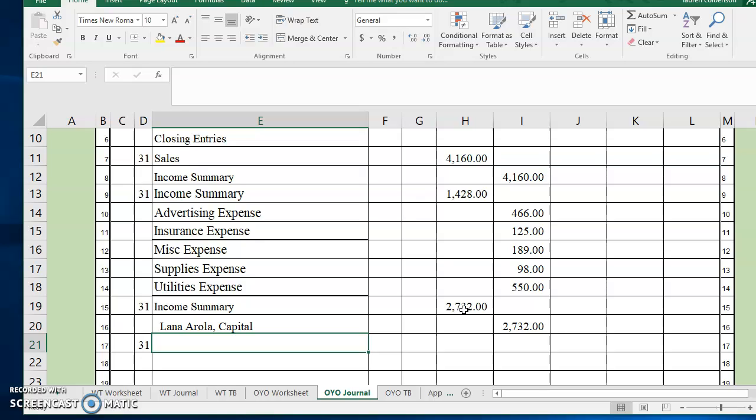And the last account I am going to close out is the drawing account. Now the drawing account has a normal debit balance. So to close that out, I have to credit it. And the debit to that transaction goes to your capital, because unfortunately, when you're withdrawing money from your business, it is not good for your overall net worth.